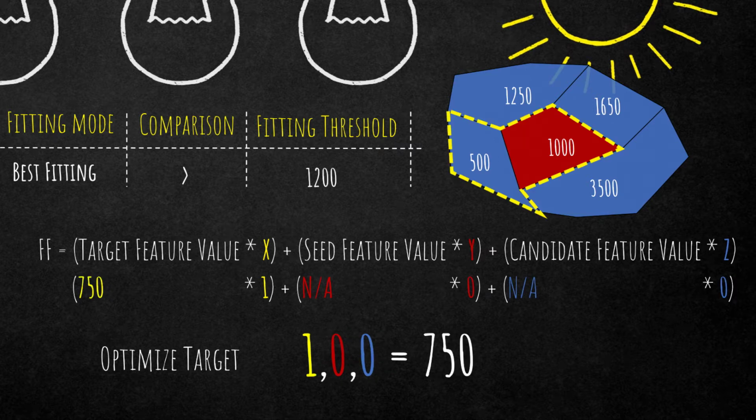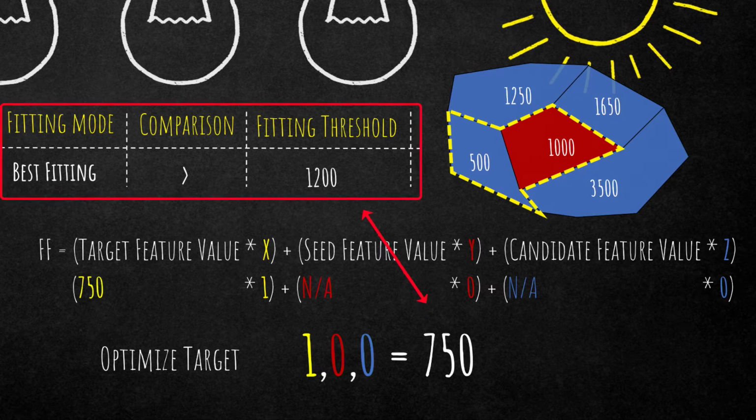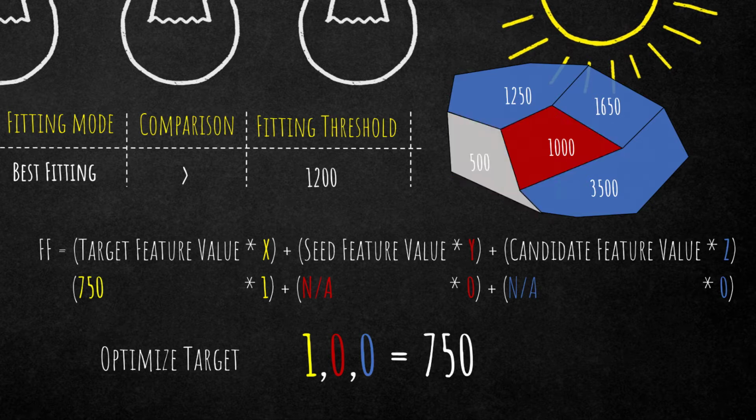First, it checks this candidate. 500 is the candidate value, 1000 the seed. And if the objects are the same size, the target value would be 750. That means this wouldn't fulfill the fitting function criteria that we've defined, which is greater than 1200. So this one falls out of the equation.